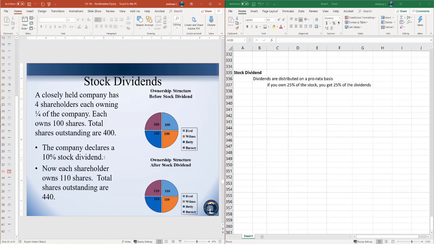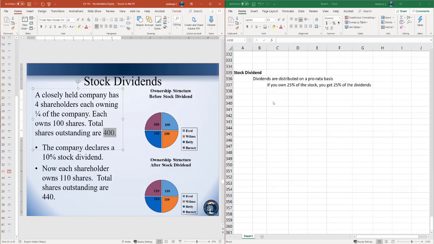Now the company declares a 10% stock dividend. Right? Again, dividends are on a pro rata basis. So if we're declaring a 10% stock dividend, that means we're issuing 40 more shares. A 10% stock dividend just means 10% more shares.